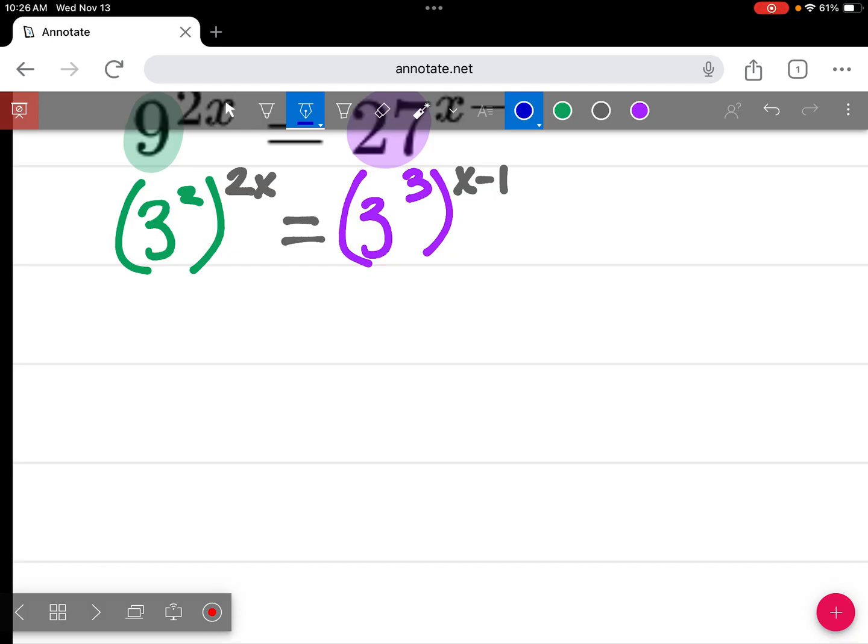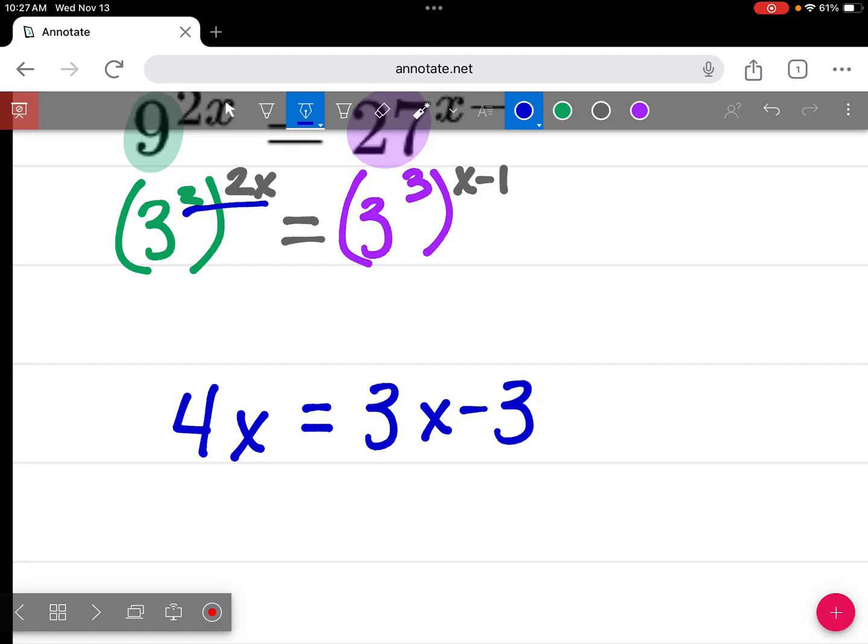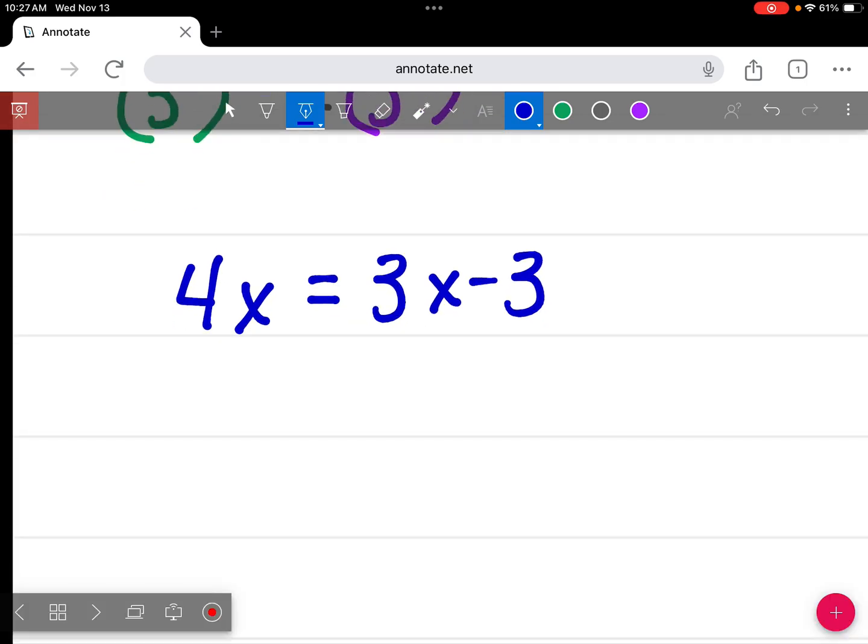What are we going to do next? Multiply the 2 into the 2x. Yeah, we can do that multiplication. What are we going to get? 4x equals 3x minus 3. We multiply our powers together when we have a power raised to a power. What do we do? Subtract 3x, and we're going to get x equals negative 3.